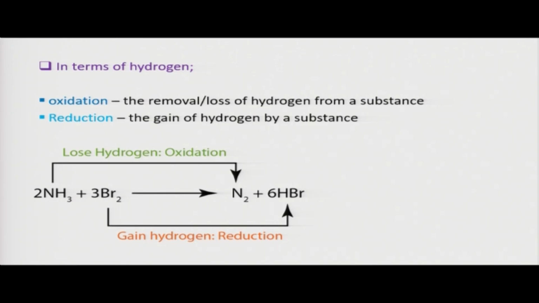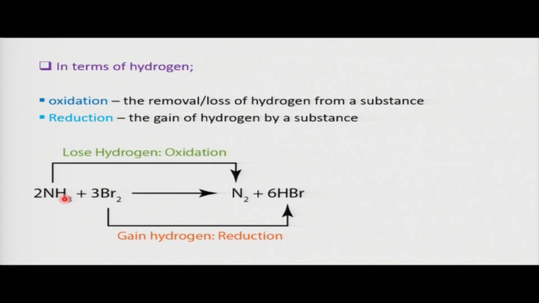You know ammonia. Normally when you urinate and you keep urine in your house for a few hours, maybe 6, 7 hours, there is that smell of urine that comes up. That is the ammonia. Now, when you get that ammonia, maybe from the urine, and you react it with bromine, ammonia loses hydrogen to form nitrogen, and bromine takes hydrogen from ammonia.